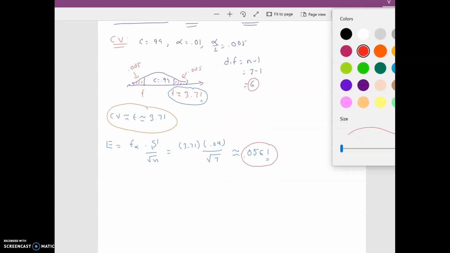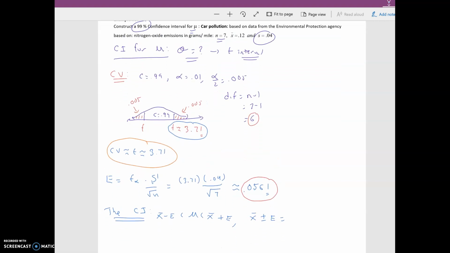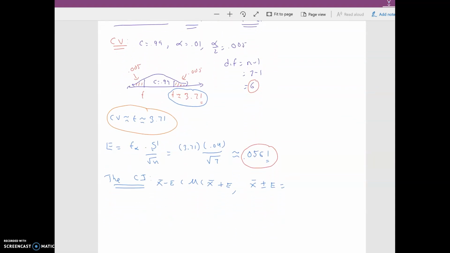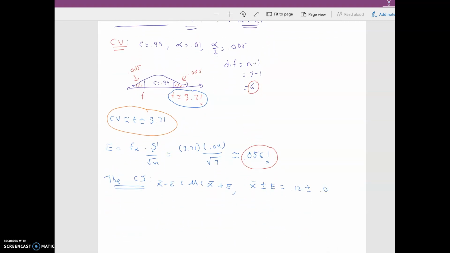Now, the final portion is the calculation of the confidence interval. So the CI is going to be composed of the following. Mu is going to be bounded between the following 2 values, x bar minus E and x bar plus E. Let me calculate x bar plus or minus the actual value of E, which in this case gives us the mean of the sample, 0.12, plus or minus 0.0561.